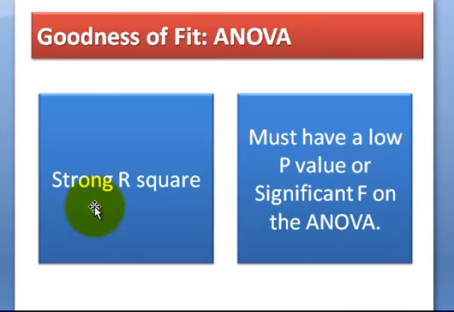If you have a strong R squared, then you must have a very low p-value or significance F on the ANOVA. That's why the ANOVA section you can glance at and move on. The main thing you're looking for is a strong R squared. But I wanted you to understand what that information was, and the fact that they should be related.